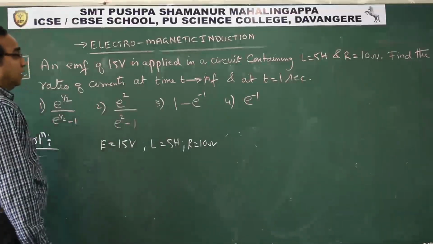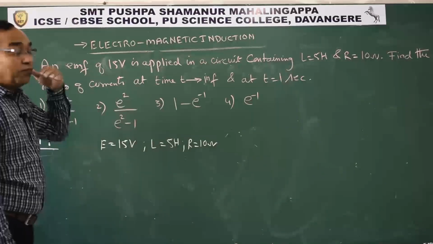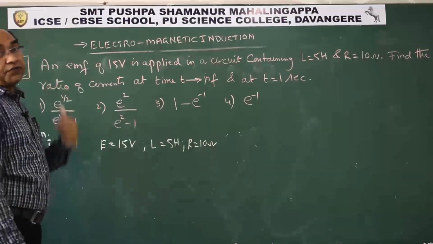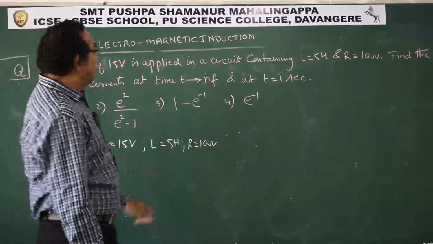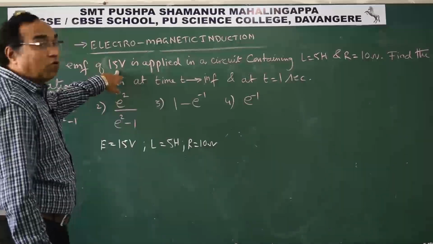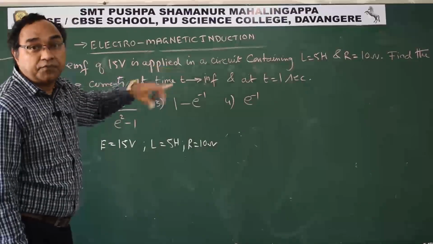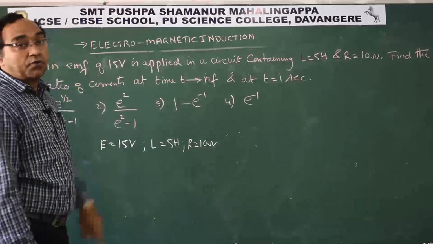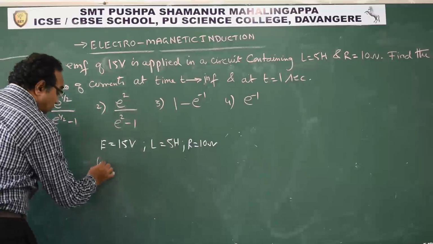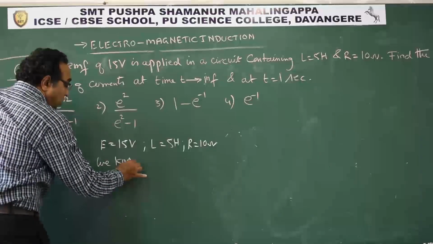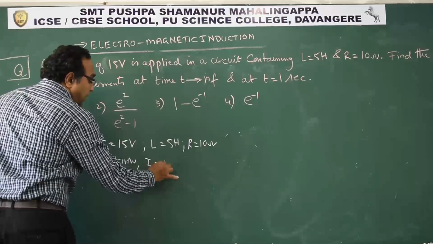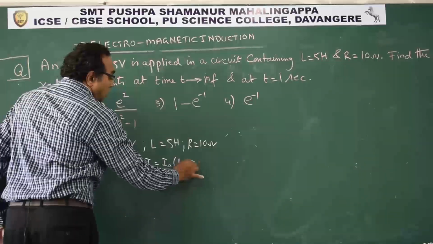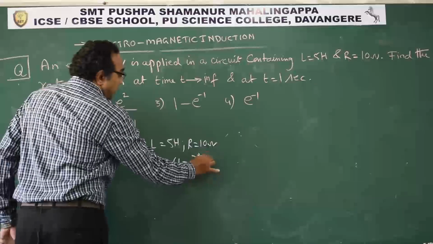Now, which equation for current is to be taken? Observe here, it is saying that 15 volt is applied. This means the current is growing. So, we know for growth of current, I is equal to I naught into 1 minus e raised to minus R by L into t.